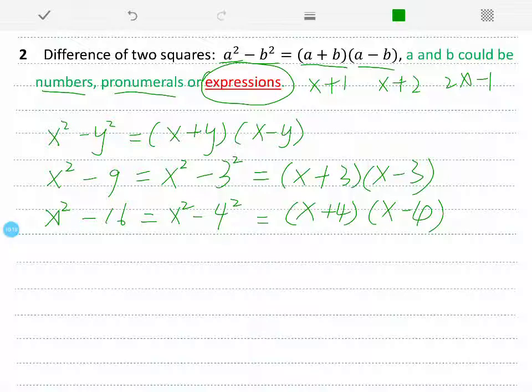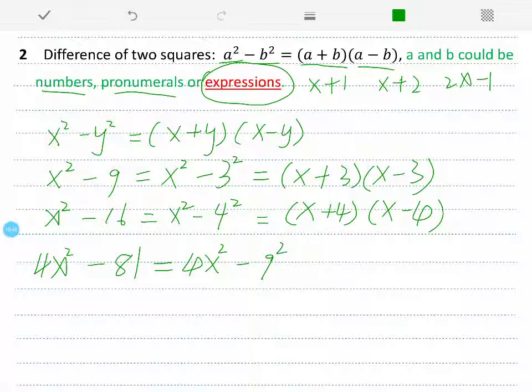Next, let's say 4x squared minus, say, 81 here. So equals what? Equals 4x squared minus 9 squared.